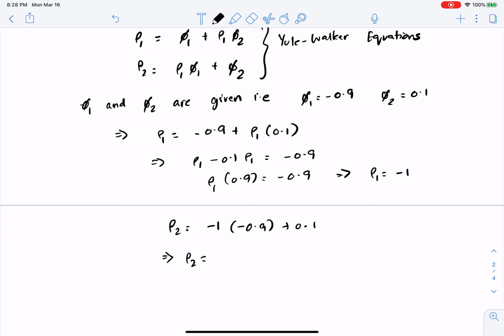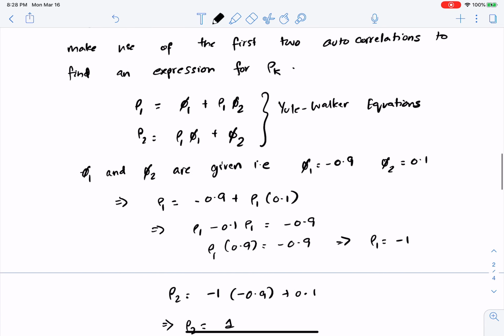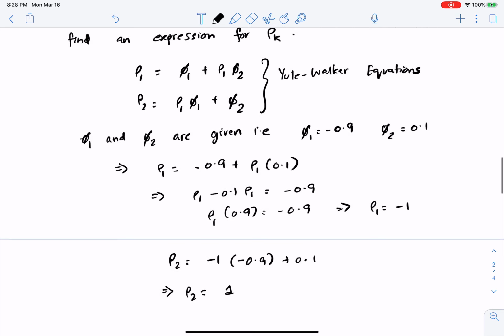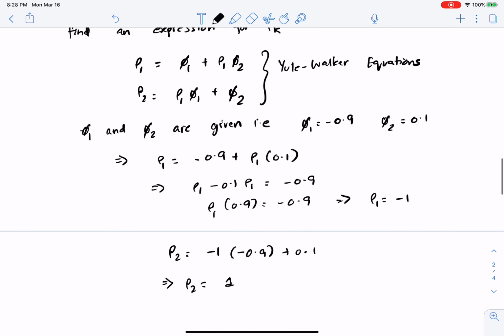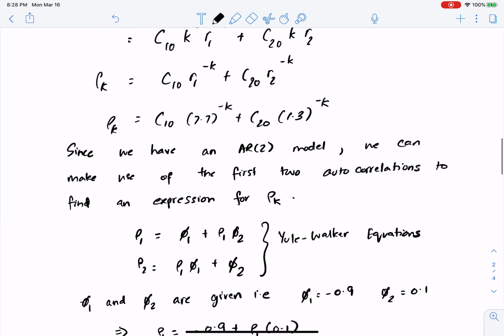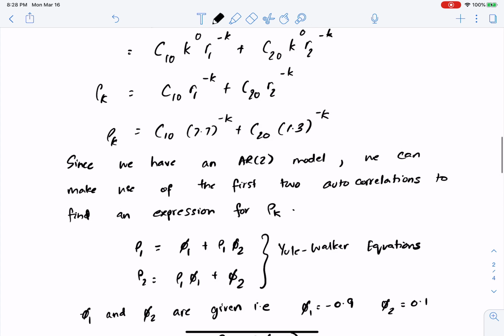And row 2 would simply end up being 1. So we have the values of row 1 and row 2, and since we have them, we can actually find the coefficients C10 and C20.